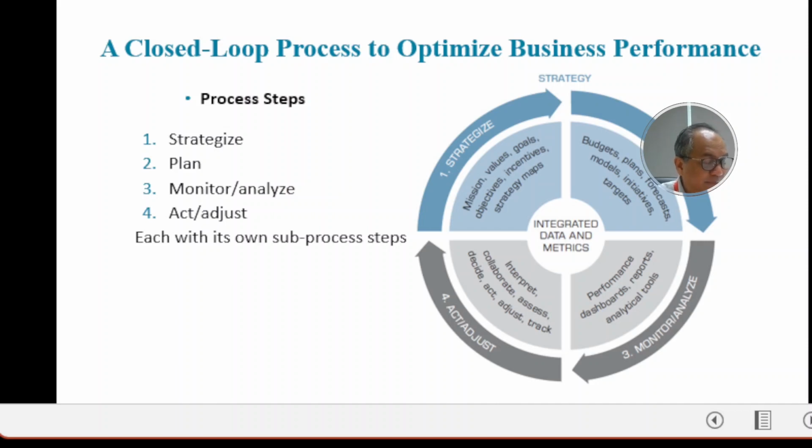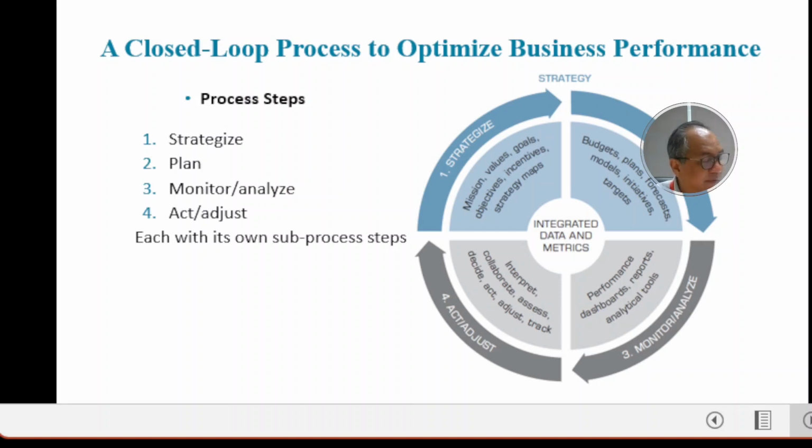Specifically, it is a process of identifying and stating the organization's mission, vision, and objectives, and developing plans for how we will achieve them based on different levels of granularity. It can be strategic level, tactical level, and operational level, meaning that at the top the strategic level makes the decision, then passes it down to the tactical level to decide how to carry out the task, and then it is implemented at the operational level. So that is the strategize process.